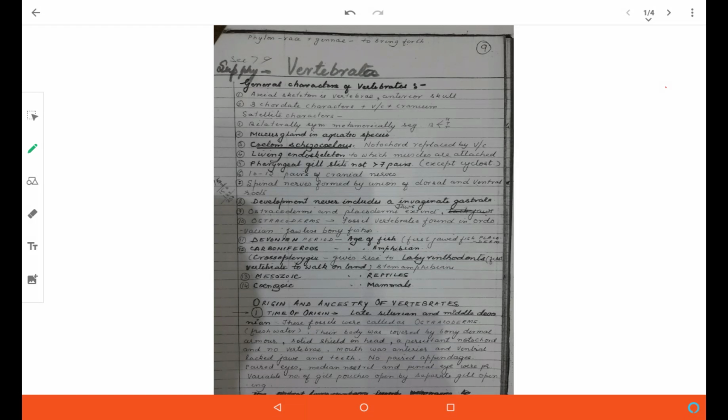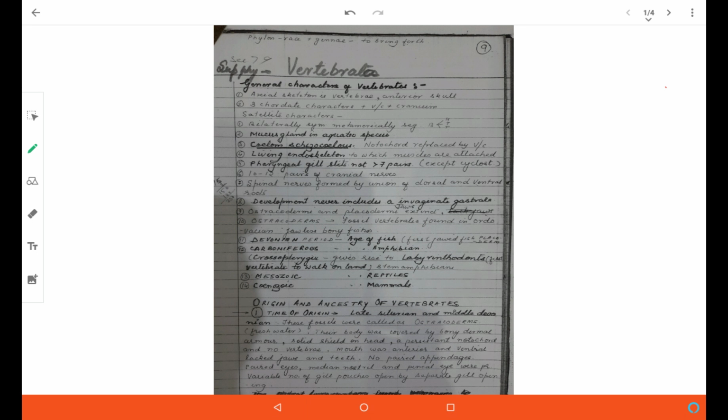Some of the aquatic species of vertebrates have mucus glands on their body, which help them in respiration and other activities like defense. The coelom of vertebrates is schizocoelous, meaning the coelom arises from the splitting of the mesodermal bands, and they have the notochord replaced by the vertebral column in the later part of their life.